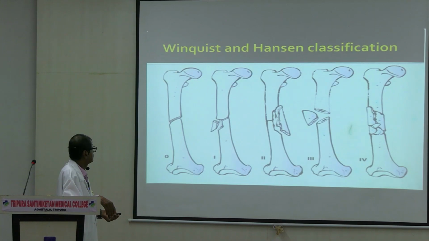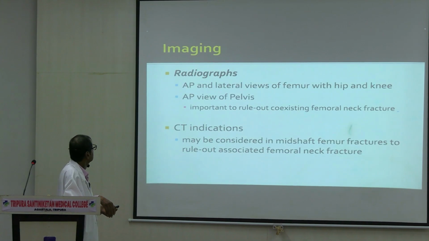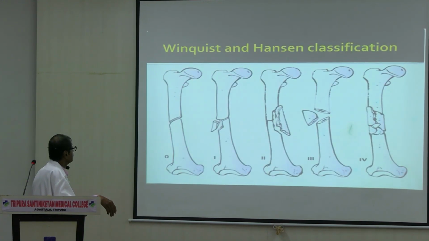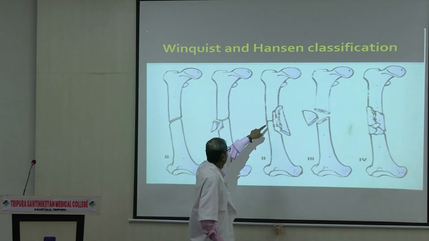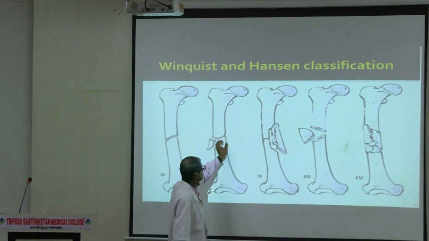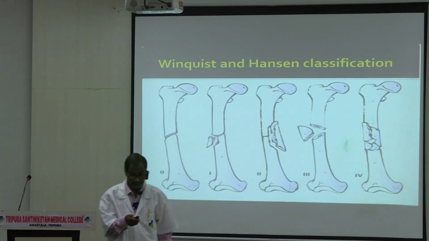There is 50%, less than 50%. Only a small portion is in contact. There is no cortical contact; a segment of bone is lost.